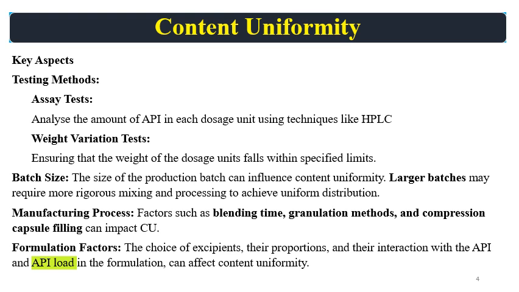If API load is low, there are more chances for the criticality in the content uniformity. If the API load is high or medium, then there will be less chance of the content uniformity failure or content uniformity criticality.